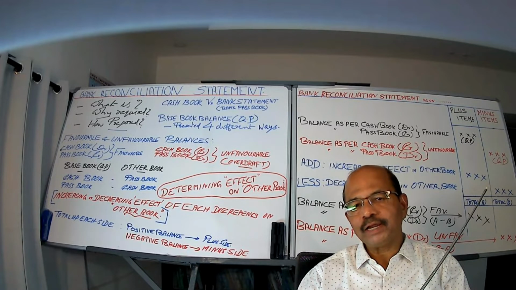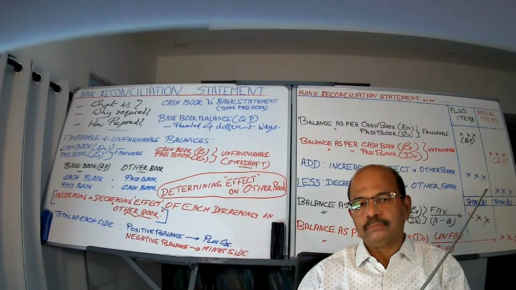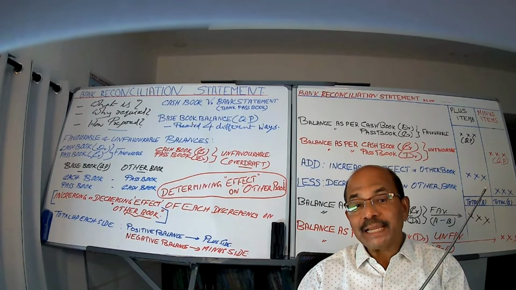That will be very convenient for you. I repeat, you assume before each case of discrepancy that you have a favorable balance. I repeat, in inverted commas, a favorable balance in the cash book as well as pass book, of the same amount.